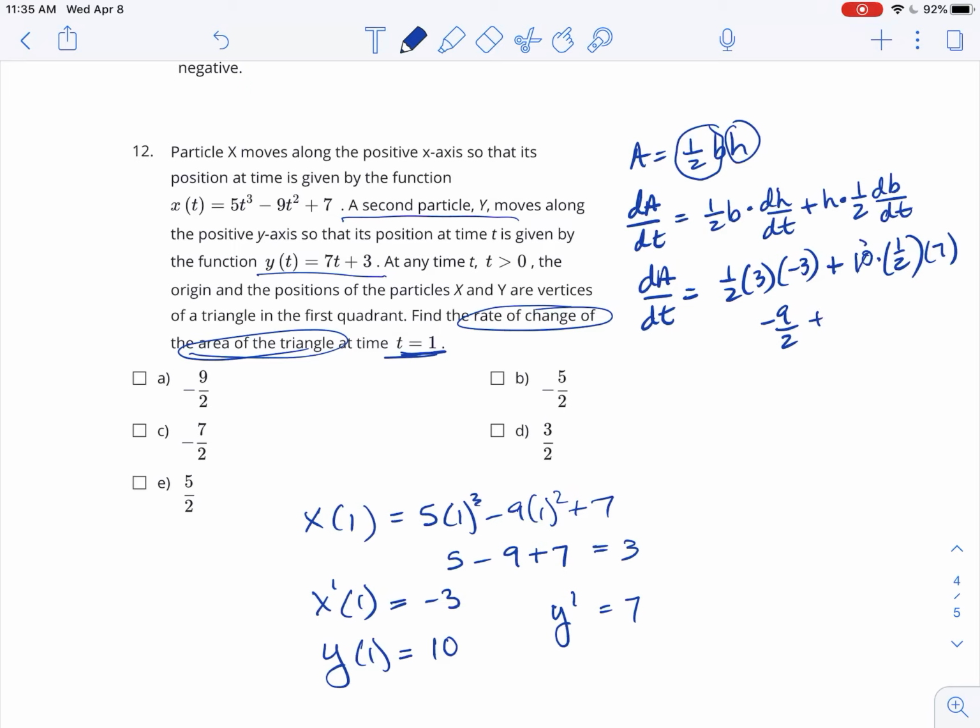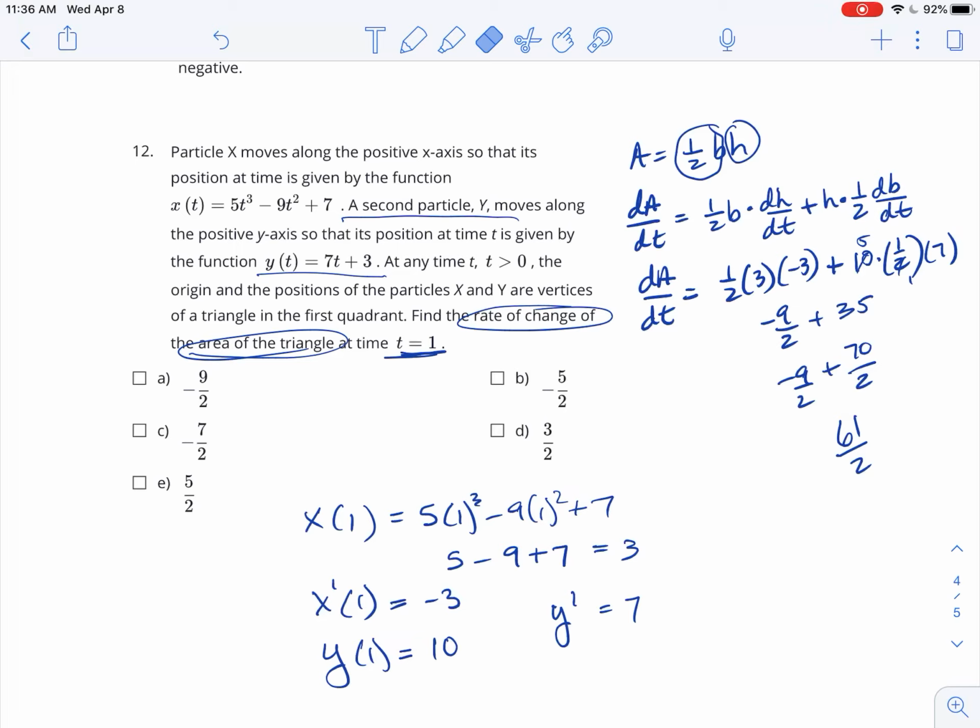Okay, let's see if I can calculate this right. So this is going to give you -9/2 plus 5 and 1, so 35, -9/2 plus 70 halves, and I think I just did it wrong because that's going to give you 61 halves, and that is none of the answers.